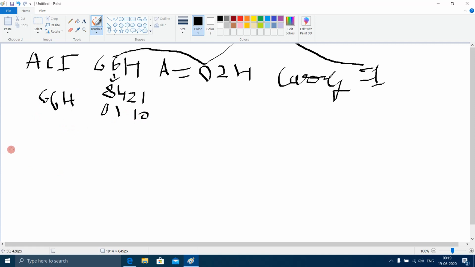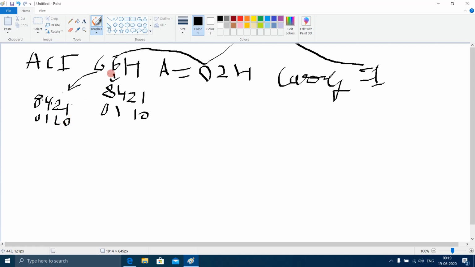So 66H will be, and this 6 will also be converted with the help of 8421, which is 0 1 1 0.